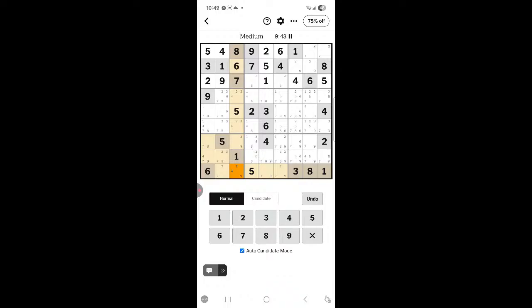But this is the only 4 in this row, so that's an obvious 4. That's helpful a little bit. Moving on, we have 7, 9, 7, 2, 7, 9, 2. Doesn't help.